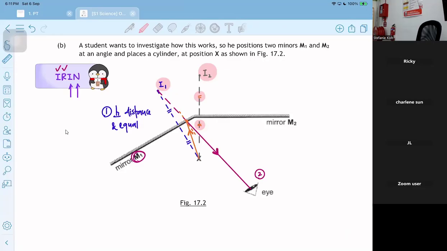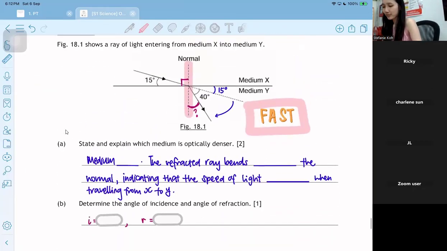Red and the normal. The red and the red. All right. Shall we? Okay.